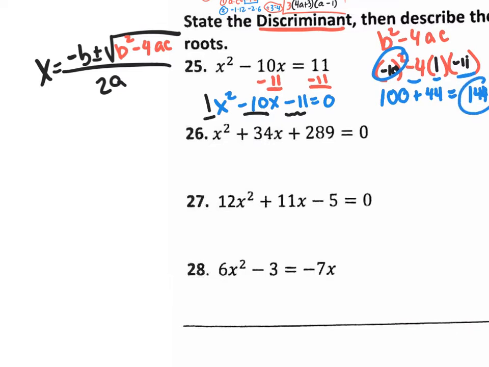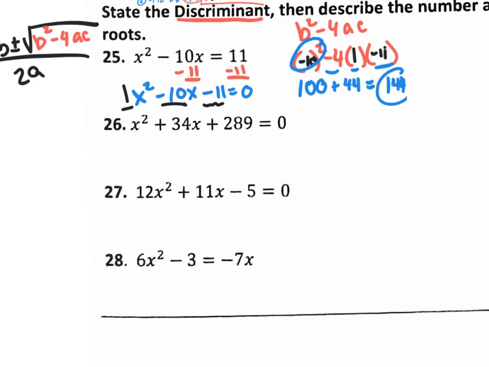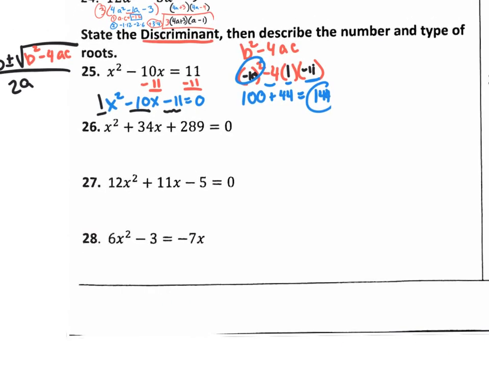So this is my discriminant value, 144. Since the discriminant is positive, and it happens to be a nice, beautiful, perfect square number, I could technically square root 144, get 12. Then I'd go back and add 12 and subtract 12 and get two nice, beautiful answers. However, they don't want us to actually solve it. They want us to state the discriminant. That's the discriminant right there, 144. That's the number that would be inside the square root of the quadratic formula. And then it says describe the number and type of roots.